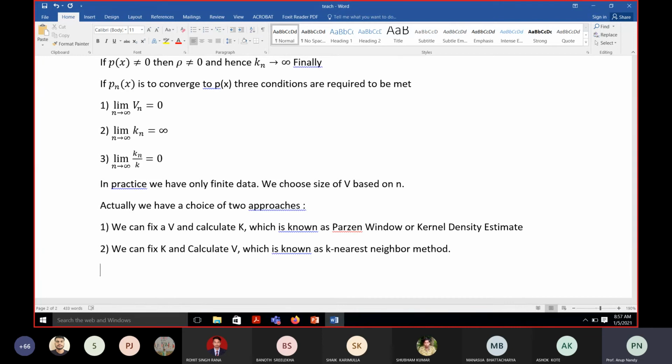In practice we have only finite data and must choose V based on n. Then these two approaches are used: one is called the Parzen window, another is the K nearest neighbor method.